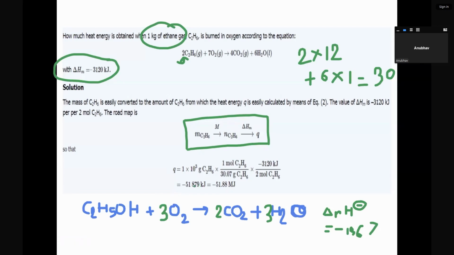So ultimately we get minus 51.88 kilojoule, which is minus 51.88 megajoule. So ultimately we have got how much heat energy is obtained when 1 kg of ethane gas is burnt in the open air or oxygen.